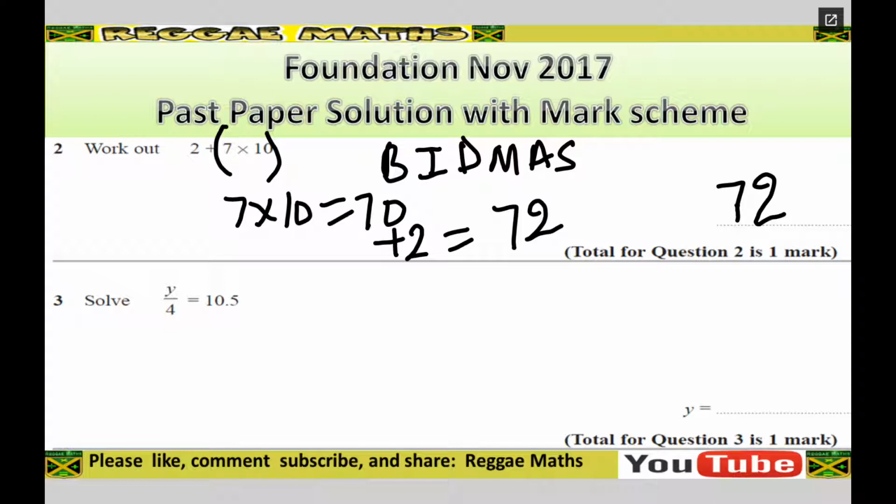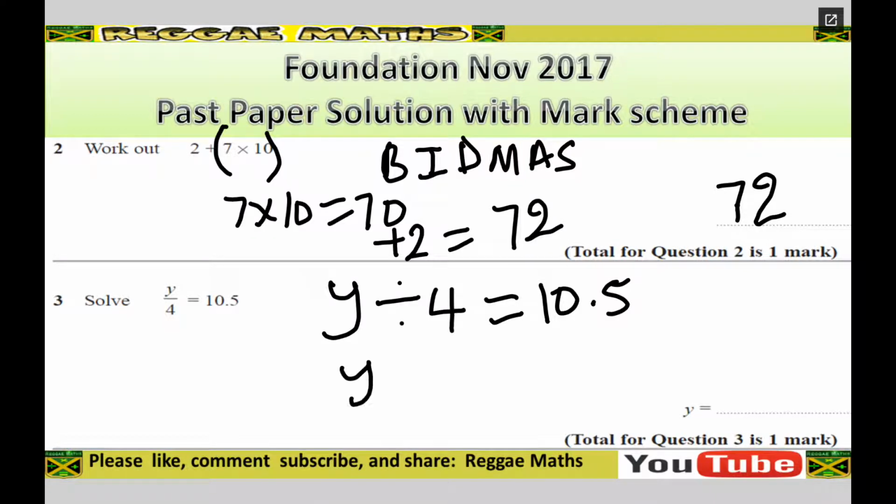Okay. Looking at this looks a bit difficult, right? But what if I write y over 4 is the same as y divided by 4 equals 10.5. What is the inverse of divide? Times.